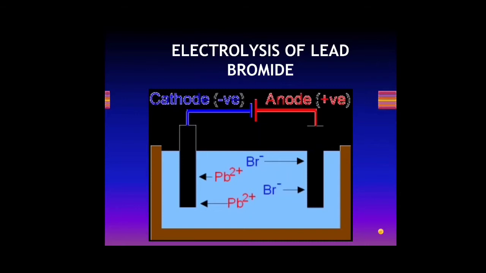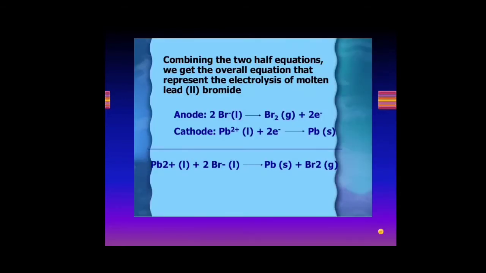Let us see the electrolytic reaction for this. So what we see here, at anode, bromine gas is discharged. Bromide ions lose electrons to form bromine molecules, and bromine gas is released at anode.